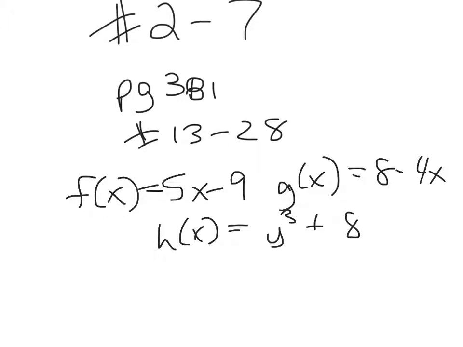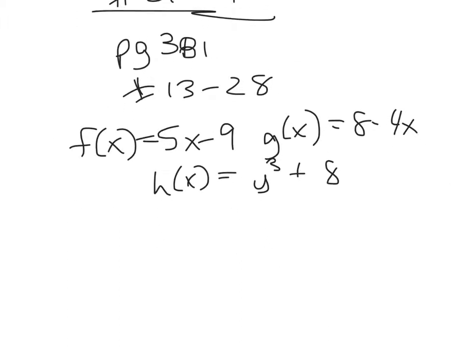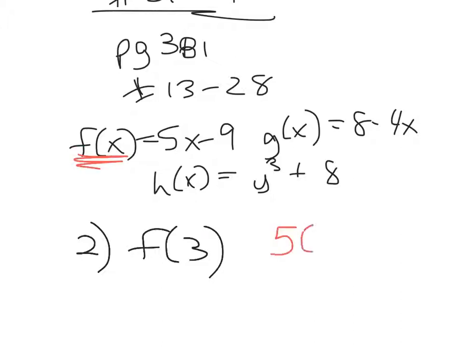So then in the problems, when you're answering 2 through 7, maybe number 2 will say, find f of 3. So then you're going to go back up and you're going to find the f of x function and you're going to plug in 3. So you would do 5 times 3 minus 9, 15 minus 9, and you're going to tell me the answer is 6.